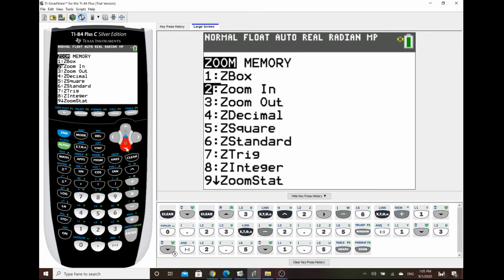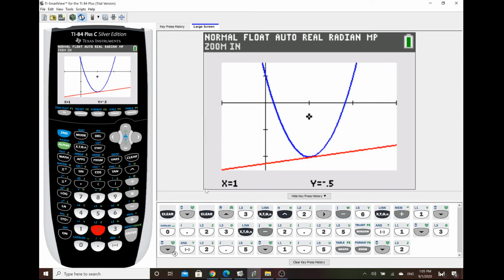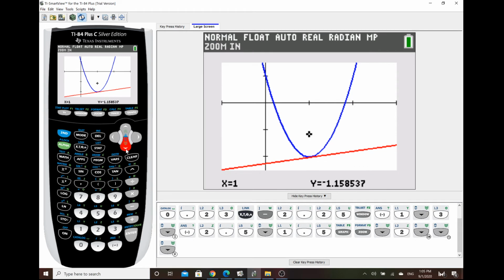And this time you want to go to zoom in. Or you can do zoom box. Let's do zoom in. So see the blinking point right here? You can always move the point down to the area where you find the intersection. So just move down a little bit more.